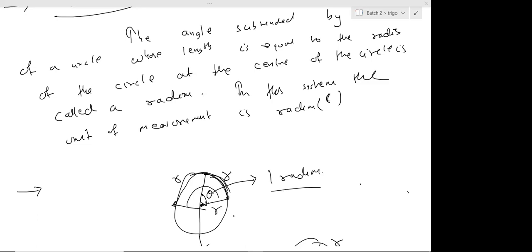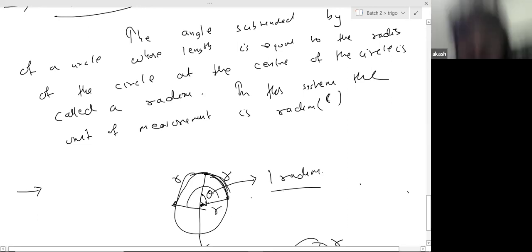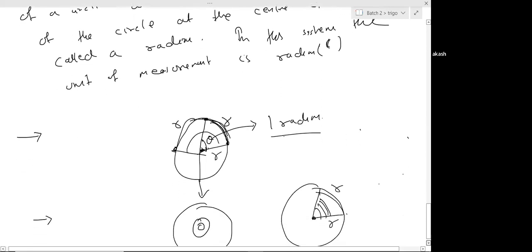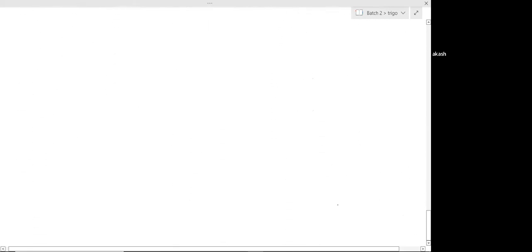All right. So how do we measure or convert 1 radian into degrees? We need a conversion formula for this. So how much is a radian in degrees?